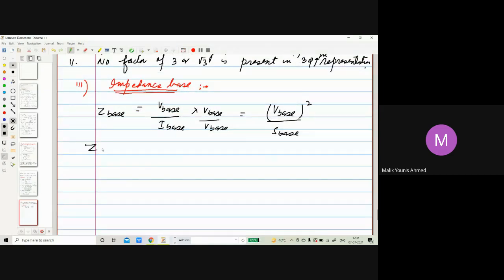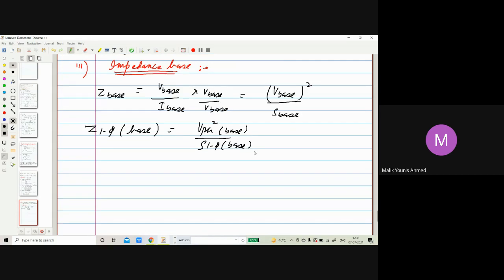Now let me come to the single phase. Z single phase base value, how are we going to get it? Simply by V phase base value squared divided by S single phase base.